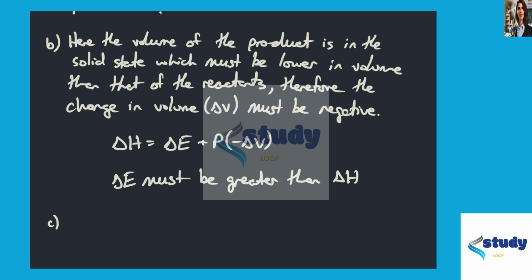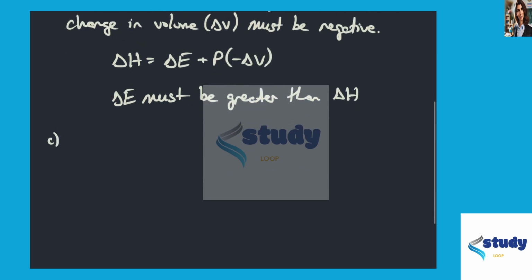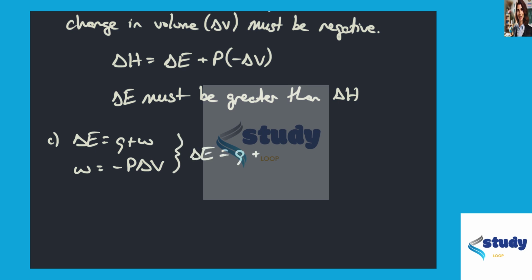And for part C, explain your answer to part B. So if we look at the change in internal energy, it's equal to Q plus W, and work is equal to negative P delta V. So if we know the change in volume must be negative, delta E is the sum of Q and W. Combining these two, delta E is equal to Q plus negative P delta V, or we can write it as Q plus P negative delta V, which is writing it the same way.